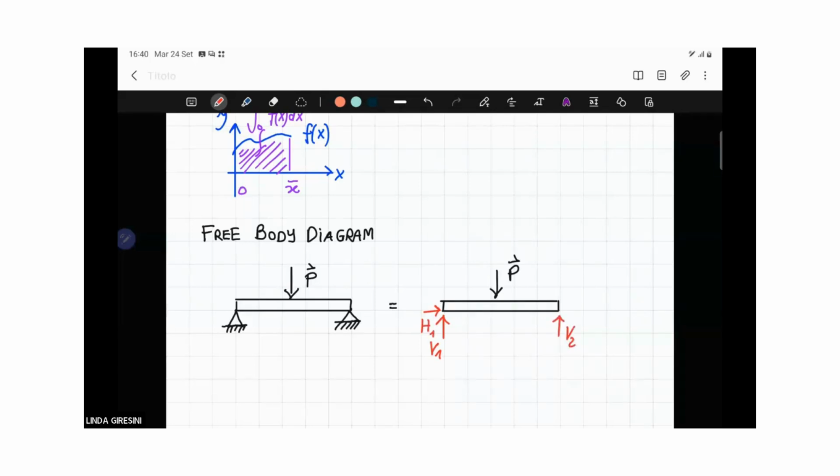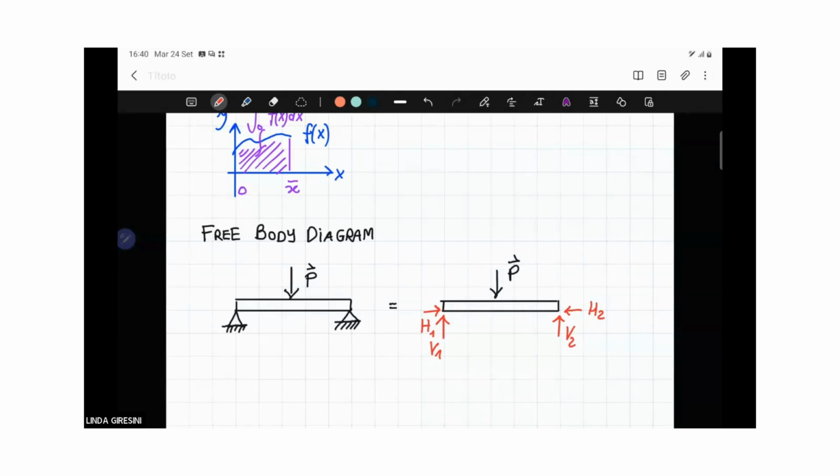The reaction forces are V1, V2, H1, and H2. So basically what I did, I substituted the supports or any other part of the structure to get the free body diagram.